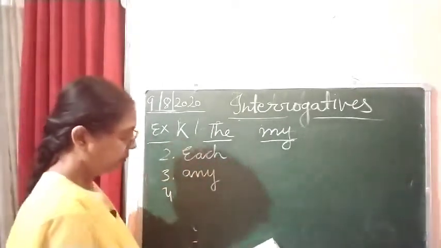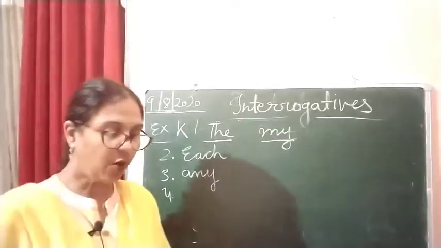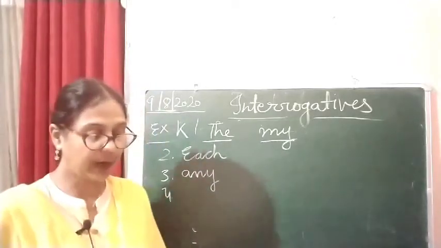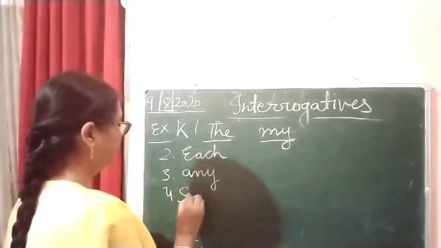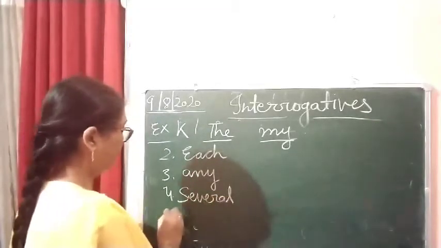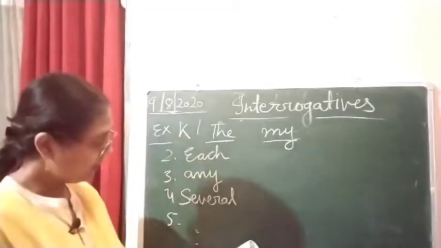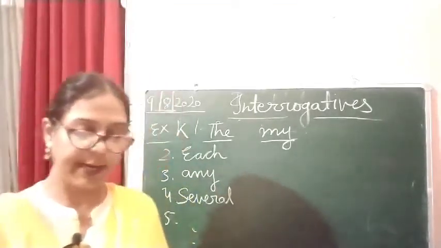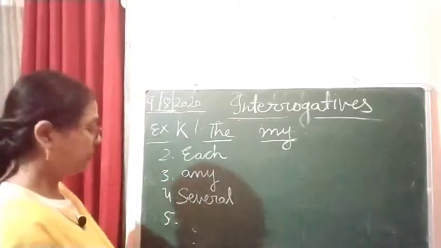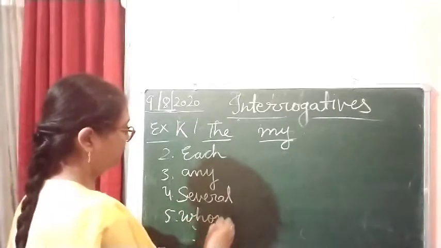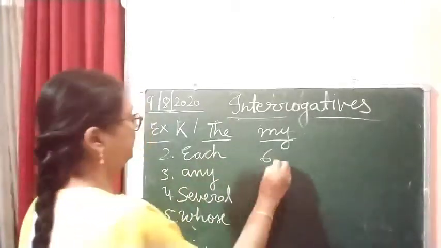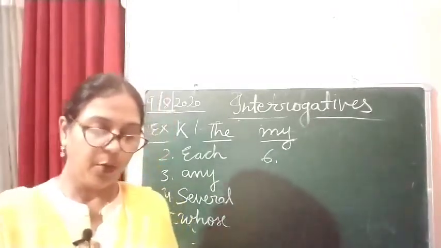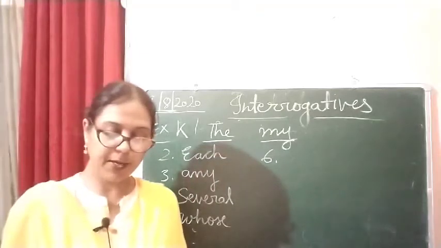Number 4: several or every books of class 5 are written by my uncle. So now here we are going to write several. Number 5: whose or both pencil box is lying on my table? Whose pencil box? In number 6: 5 or 5th boys of our class are participating in the competition.